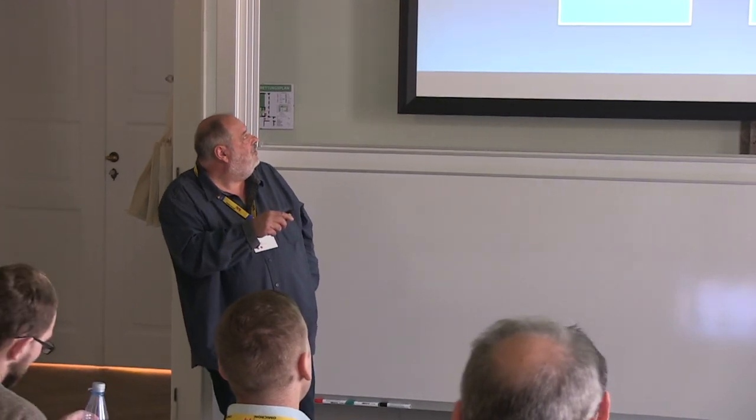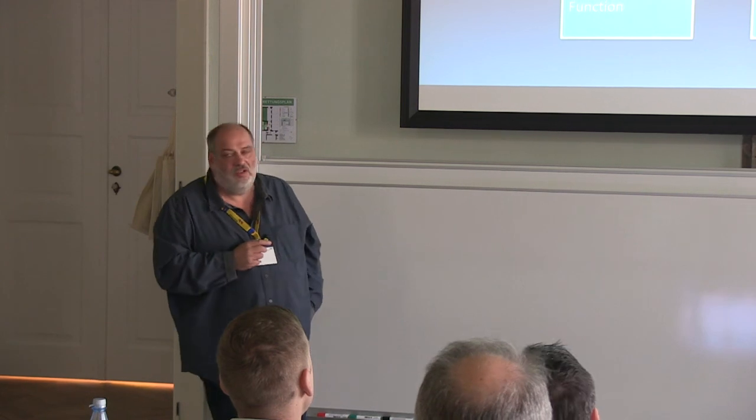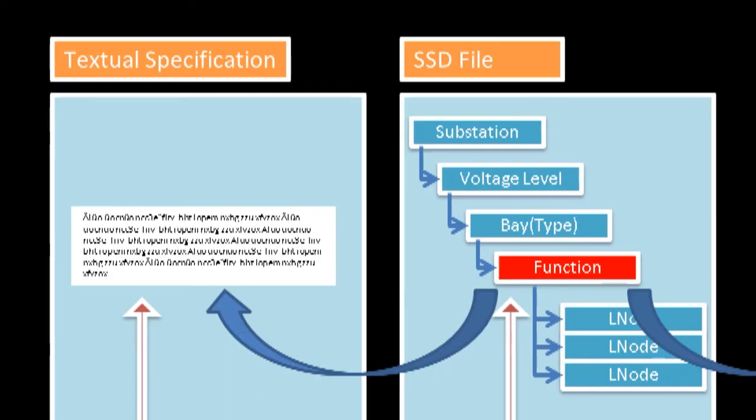We can go a step further. We can have somewhere just plain documentation of the functions, and in a formal way link textual parts with the formal defined functions in SCL.